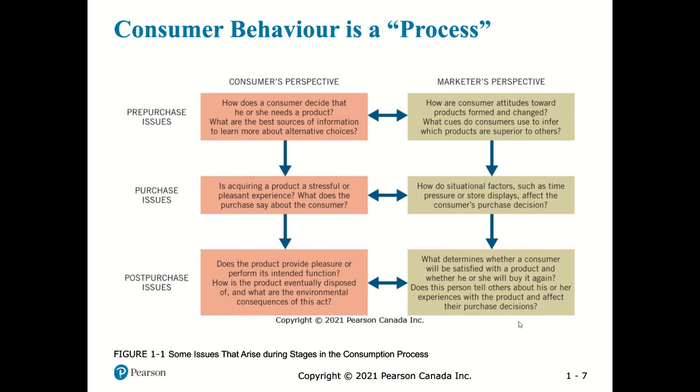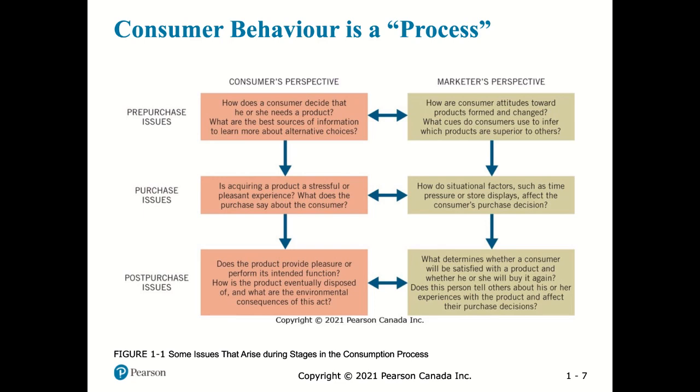But on the side of marketers, what determines whether the consumer will be satisfied with the product and whether he or she will buy again? So, what are the different factors that the consumer is thinking of when saying I'm satisfied or not satisfied? The marketer wants to know what factors the consumer considers for saying I'm satisfied, I'm not satisfied, right?